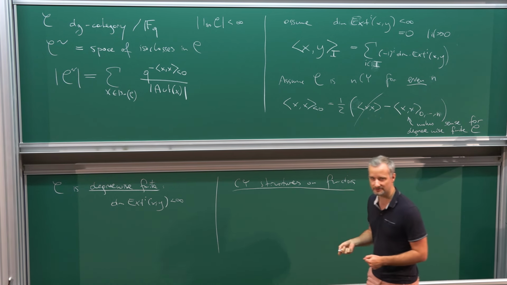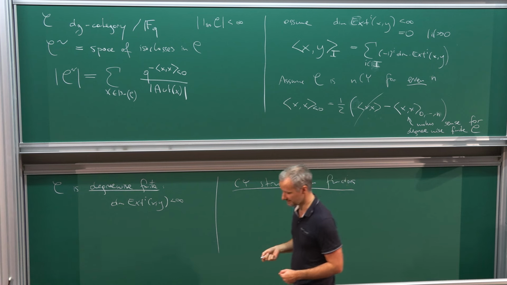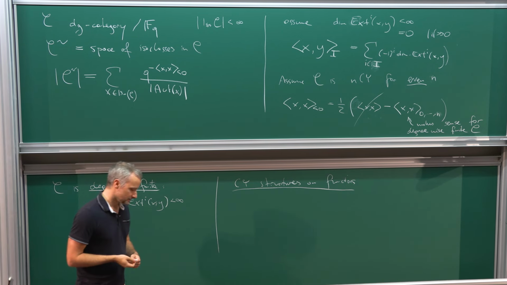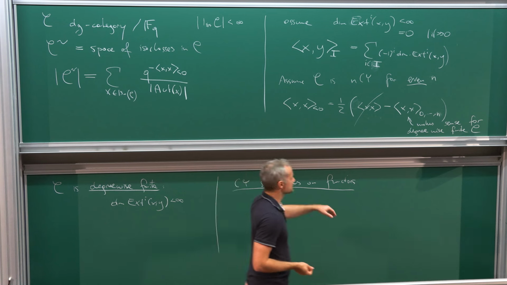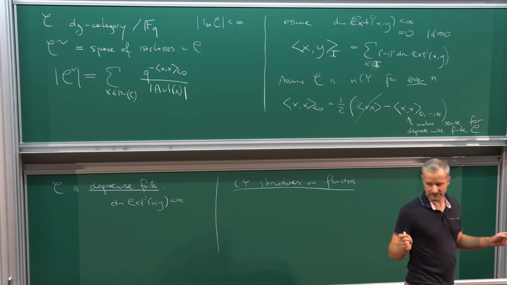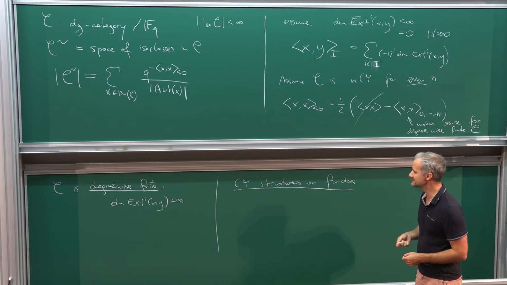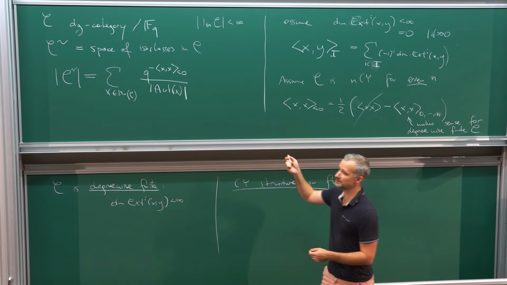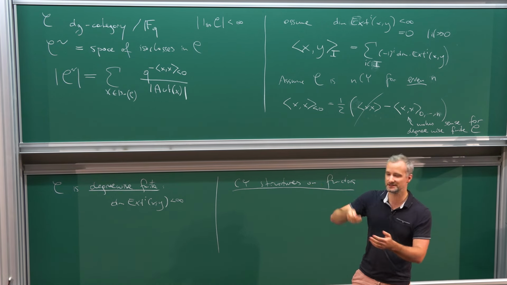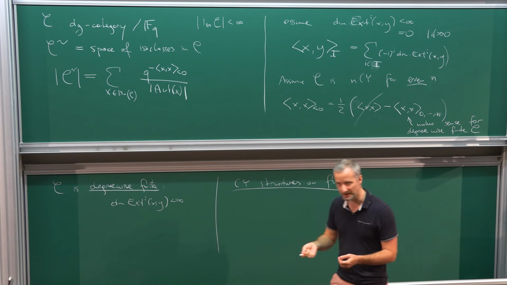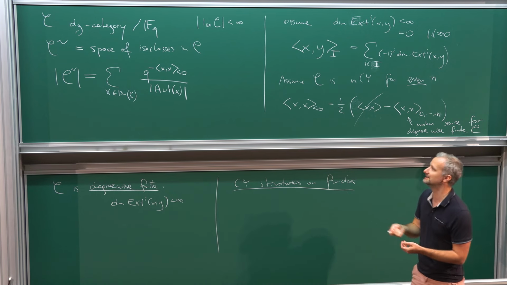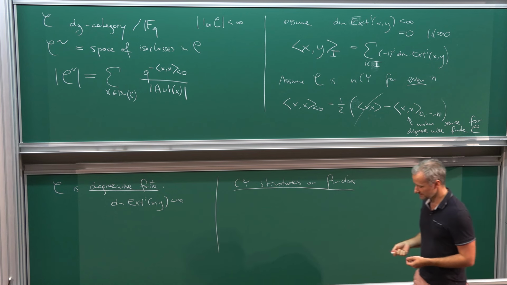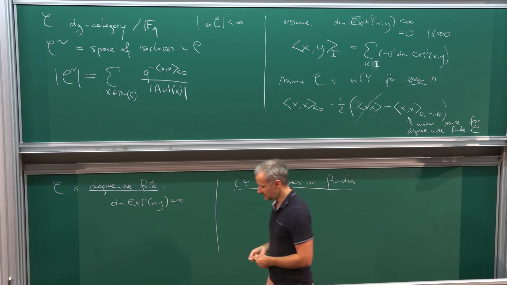This was originally proposed by, again, Bertrand Toën, and then developed by Brav and Dyckerhoff. For me, it's always going to be what they call weak right Calabi-Yau structures, for those who know what that means. What's the basic idea? A motivating example of a Calabi-Yau category would be the category of local systems on some compact oriented manifold, and then Poincaré duality gives you this Calabi-Yau duality of the category.